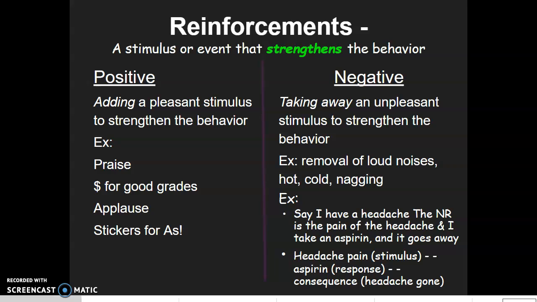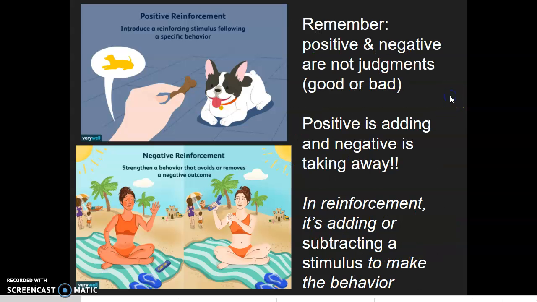So your headache pain is the stimulus, and then taking the Advil or the aspirin is the response. And then the consequence, the negative reinforcement, is that your headache goes away. That pain is taken away. So that's another way to look at it. On the next slide, there's something about a sunburn, okay? A negative reinforcement strengthens a behavior that avoids or removes a negative outcome.